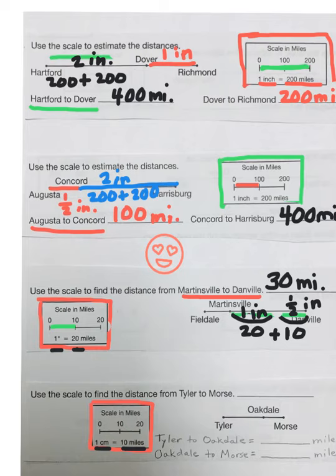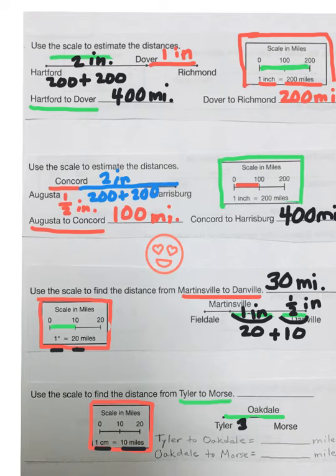Our first problem says, using the scale, find the distance from Tyler to Morse. Well, let's draw a green line all the way from Tyler to Morse. There we go. Now, if we measure that with the centimeter side of our ruler, we're going to see that it is 3 centimeters. I almost wrote millimeters.